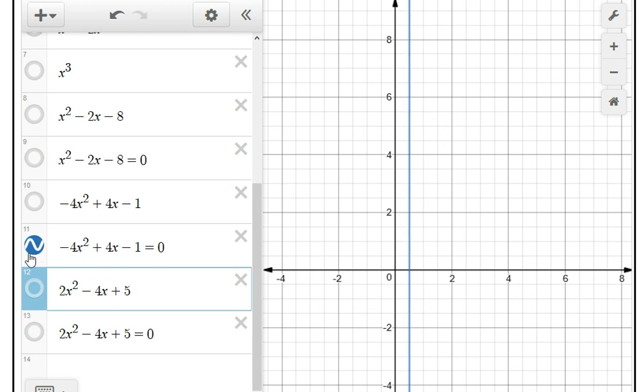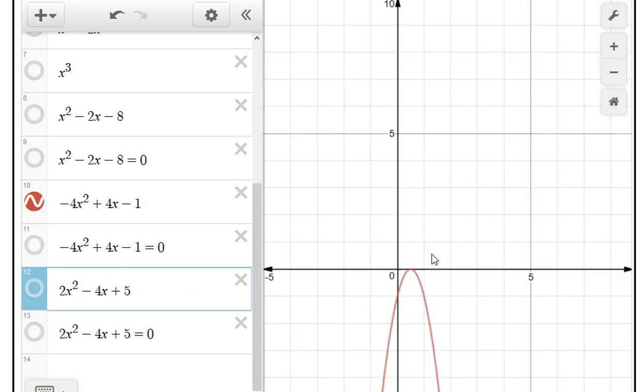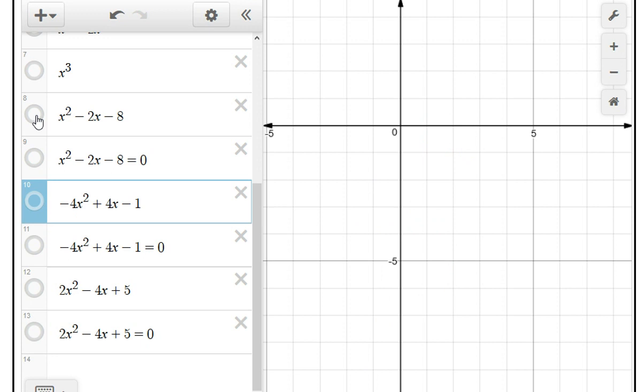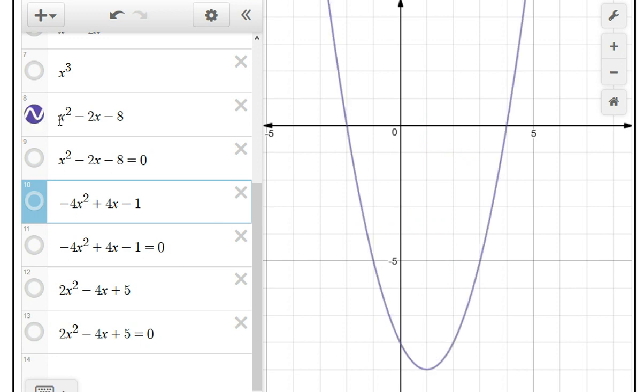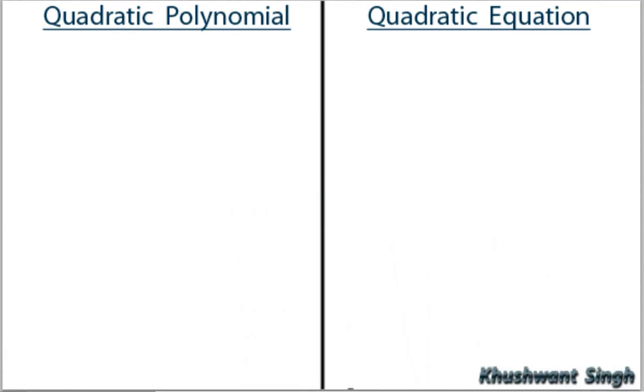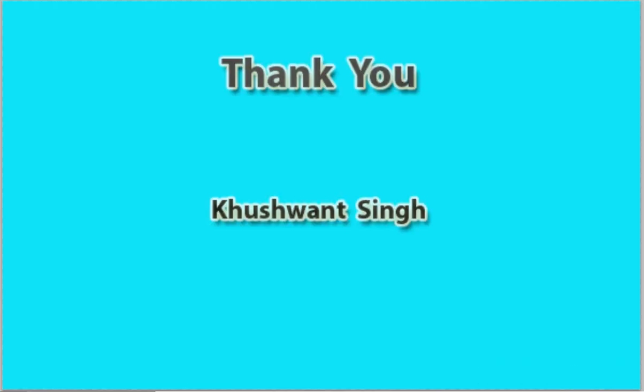Here in this case it is opening in the negative direction of the y-axis, because the coefficient of x square is negative. And here the coefficient of x square is positive, so both of these lines are going in the positive direction.